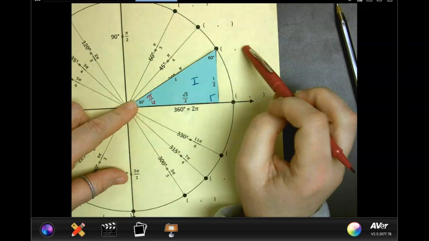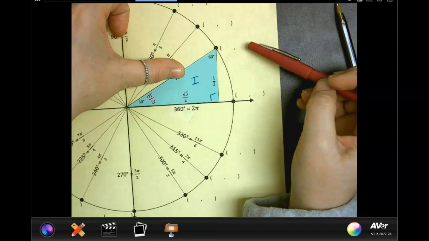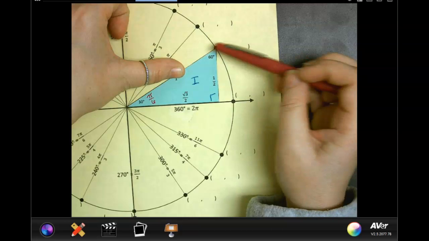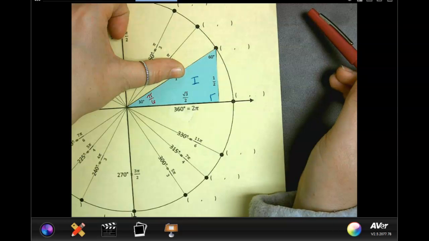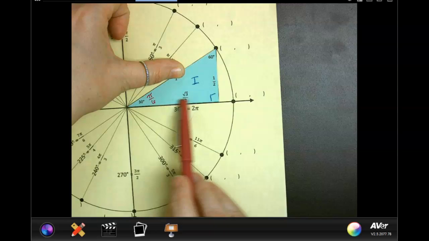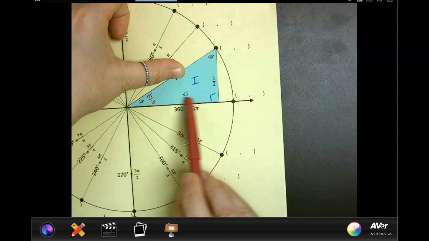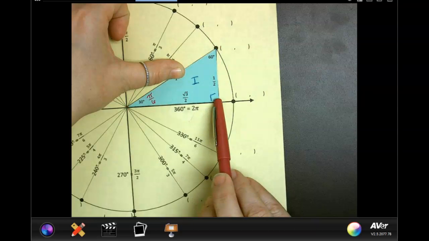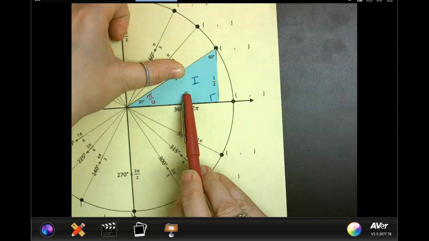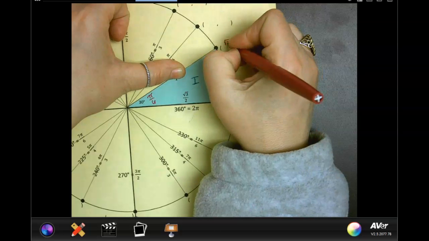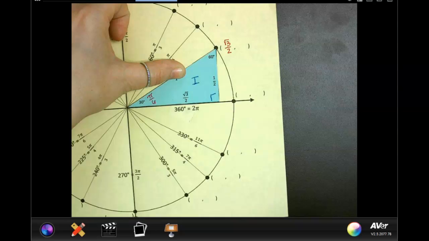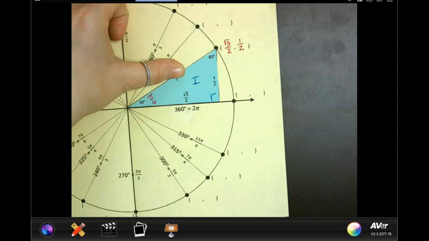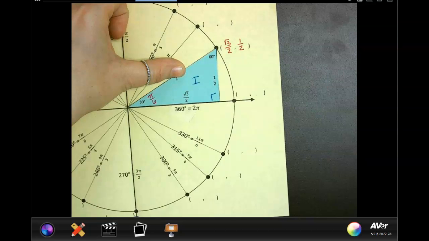To find the ordered pair right here, what would the x value be? You start at 0, you go to the right, and then you go up to get to this point. How far right do you have to go? Square root of 3 over 2. And then what would the y value be? 1/2. It comes from that special right triangle. Does that make sense to you?